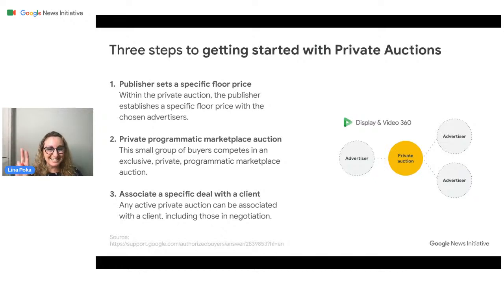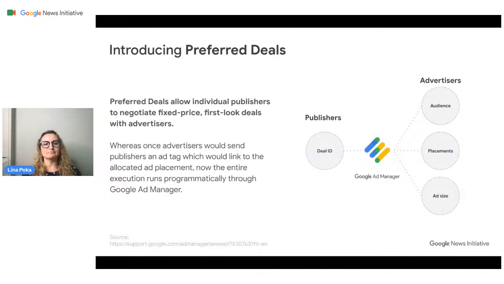The second step, the small group of buyers come in and compete in this exclusive, private, programmatic marketplace within the auction. The third step, any active private auction can be associated with a specific client, including the negotiation. Some really helpful steps to make this a reality.